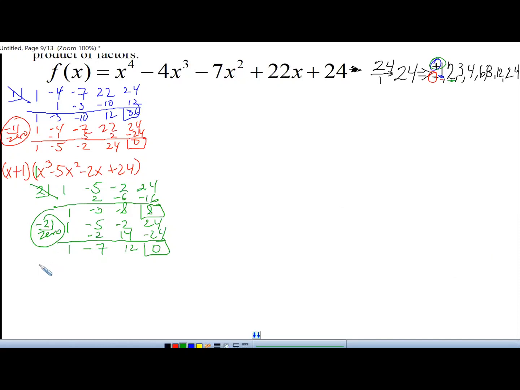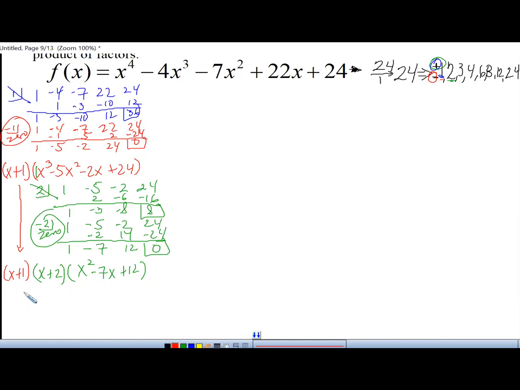How do I write my 0? X plus 2, and what do I have left over? X squared plus minus 7x plus 12. Thank you. And guys, don't forget to bring down the original 0 that we found from the original function. So that is x plus 1.